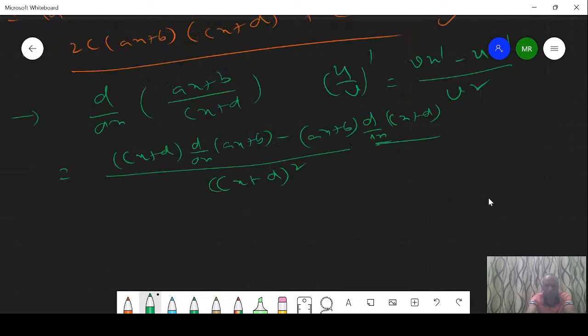Now we can simplify this. The denominator will be (cx plus d) whole square.